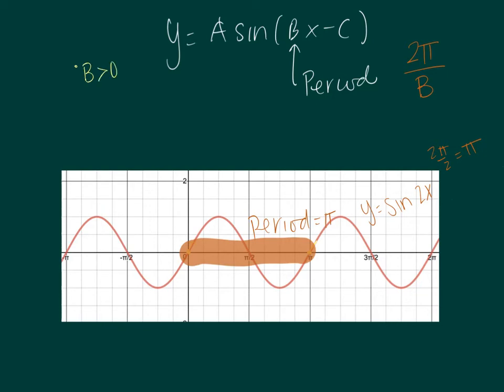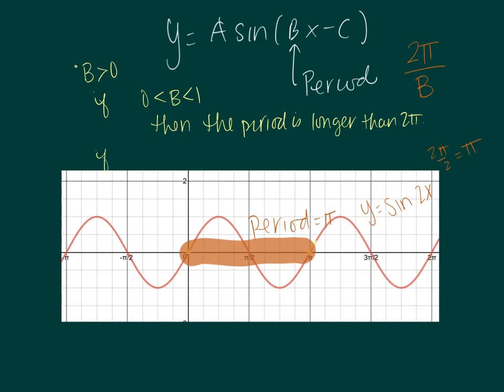B is always positive. It's always greater than 0. If B is strictly between 0 and 1, then the period is longer than 2 pi. It stretches out our graph kind of like a slinky.